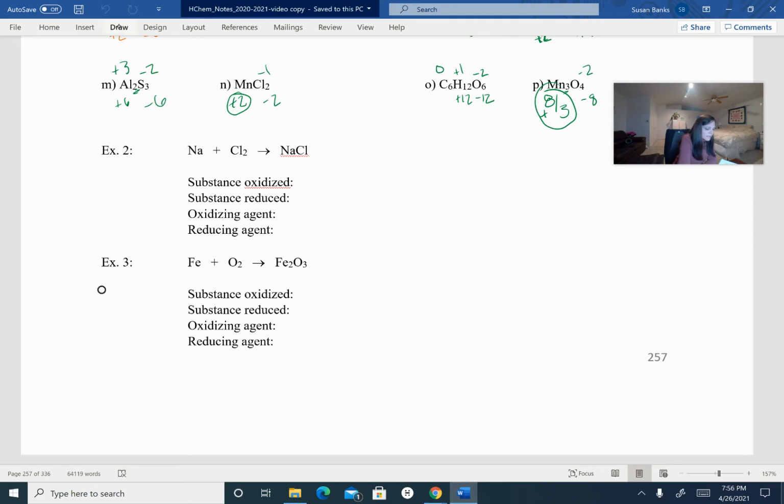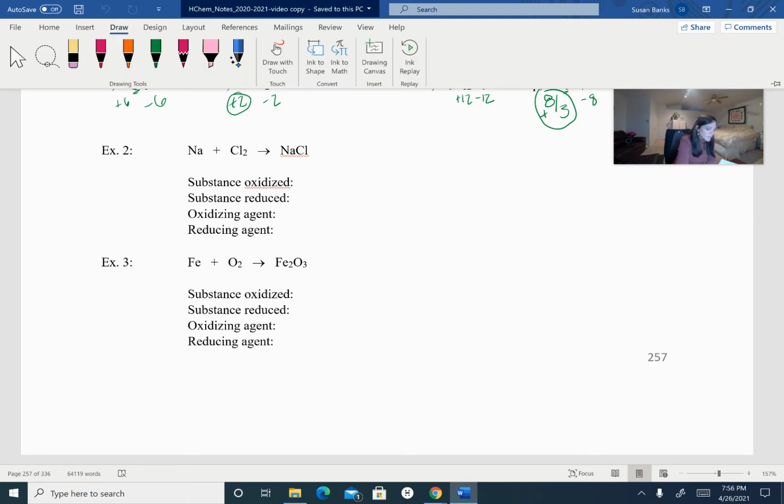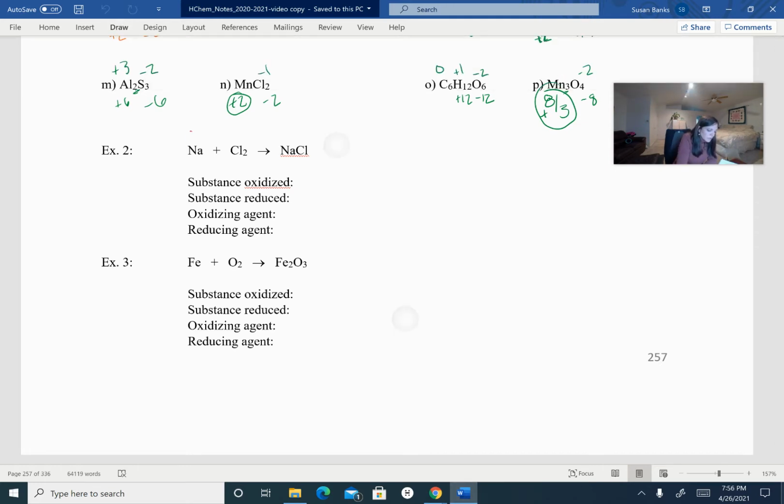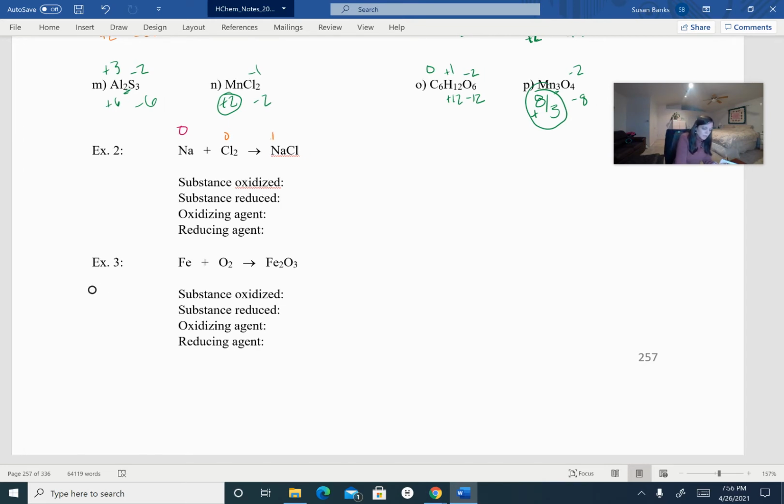Now that's going to definitely change as we get into the compound. When we look at sodium chloride, it's an ionic compound. Sodium gives up that one electron to become a positive 1, and chlorine accepts that one electron to become the chloride ion with a charge of negative 1.